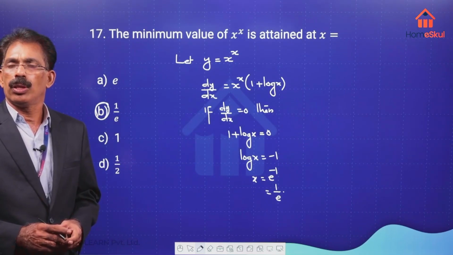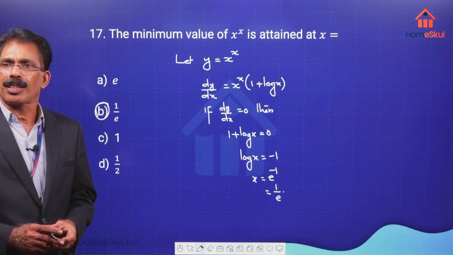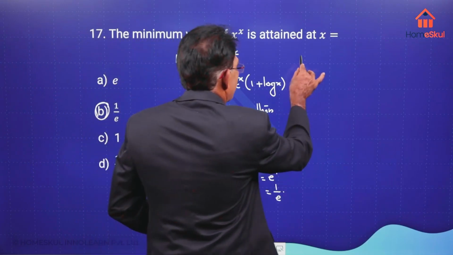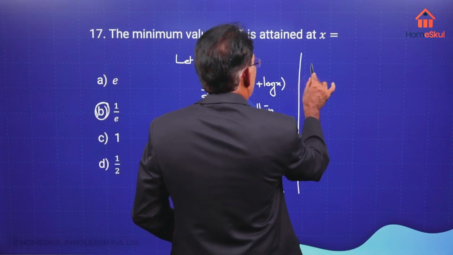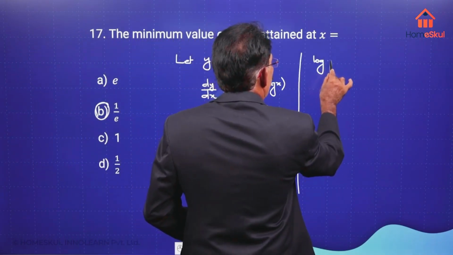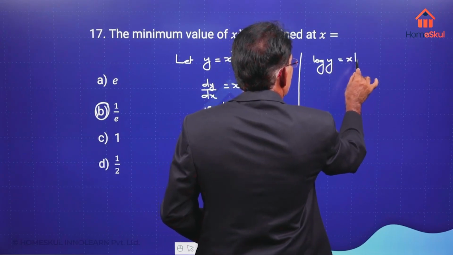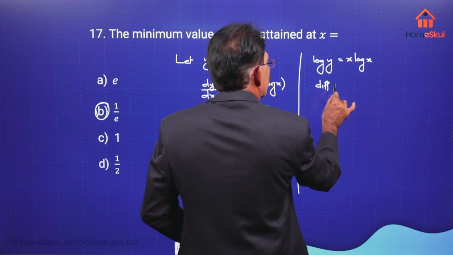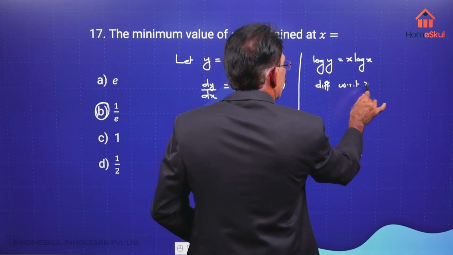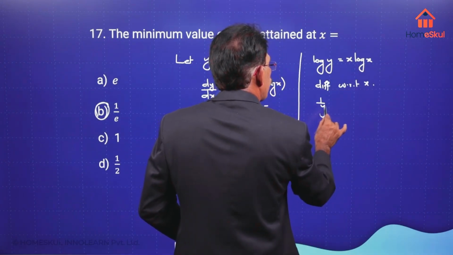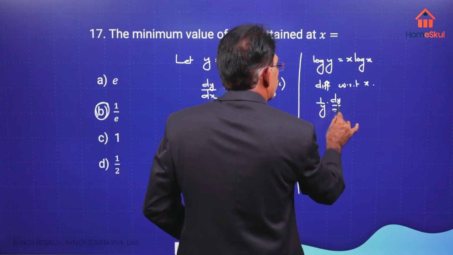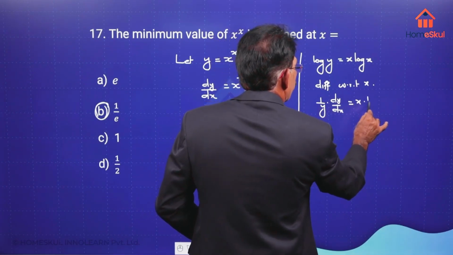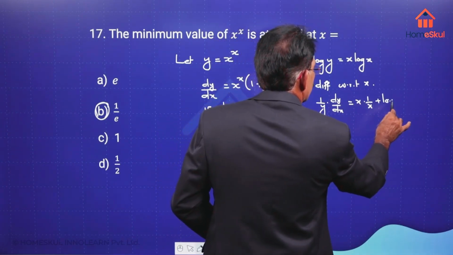Sir, can you use log y is equal to x? Yes, definitely. That's the actual method. Log y is equal to x into log x. Then differentiate with respect to x. Then 1 by y into dy by dx equal to x into 1 by x plus log x, isn't it?